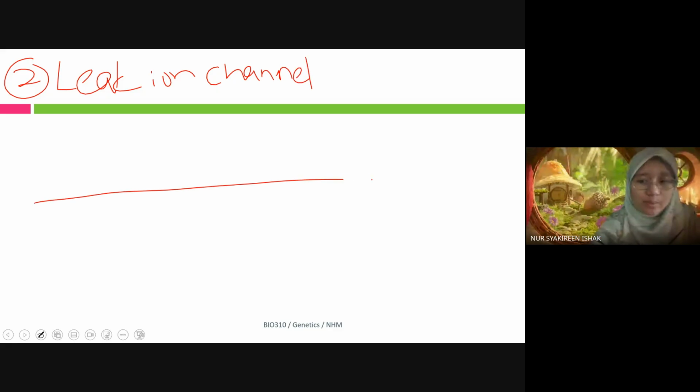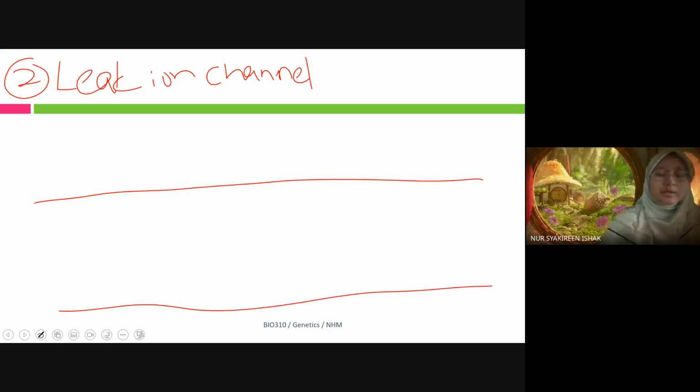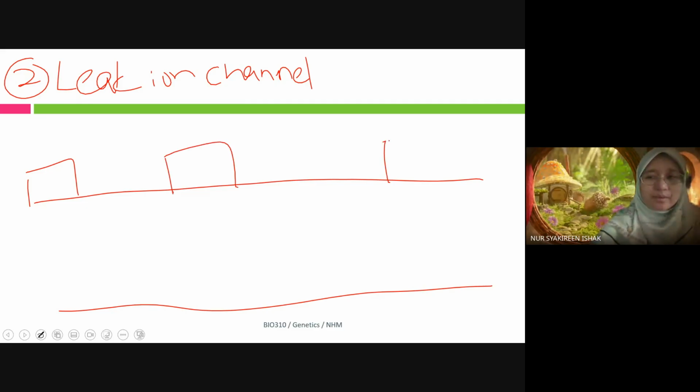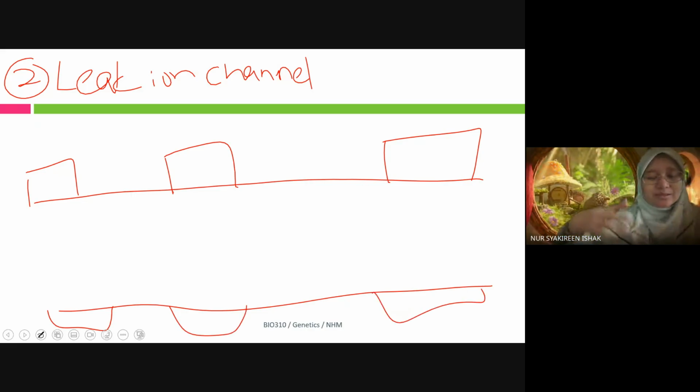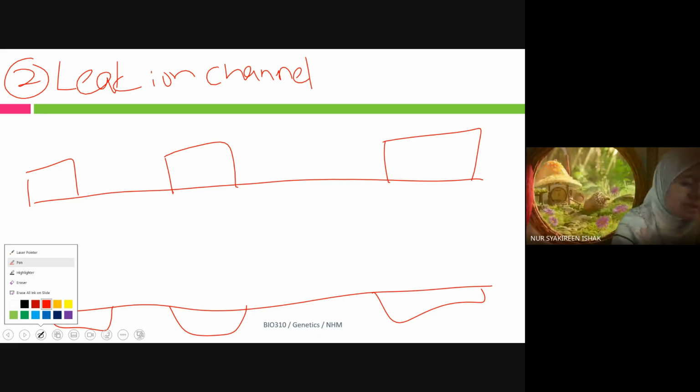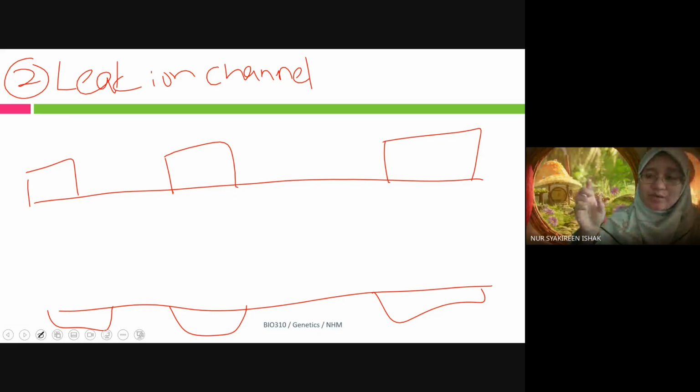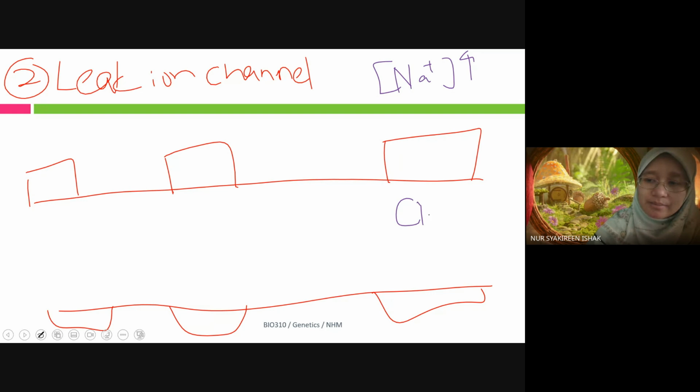So again, we draw the structure of the axon. Okay, so we have here the nodes of Ranvier. The part that is covered is the myelin sheath, and the part that is not covered is the nodes of Ranvier. So for the leak, again, you have to take note of the difference in the concentration of sodium tadi. Sodium kita tahu kat luar tinggi kan, dekat dalam rendah.